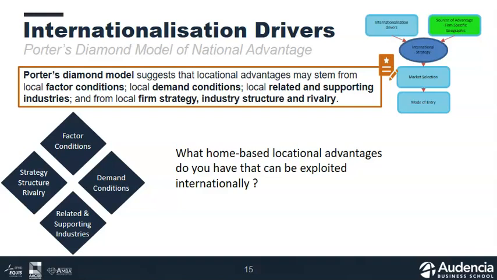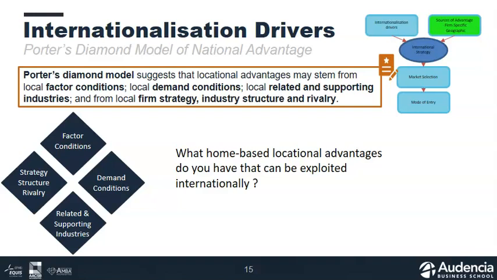If you're based in France, for example, and you decide to go abroad, does the fact that you're based in France give you an advantage for going into certain markets abroad? If your company is based in Italy, does being based in Italy give you a specific advantage over other firms for going international?